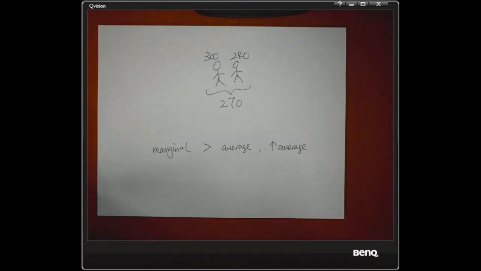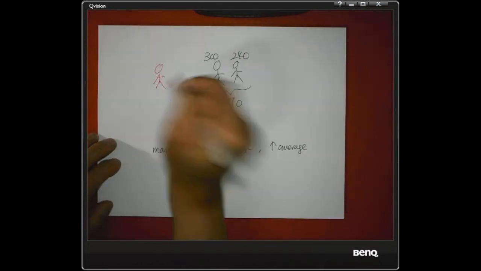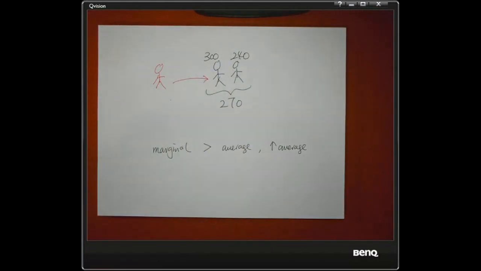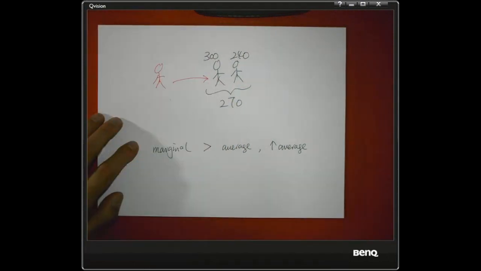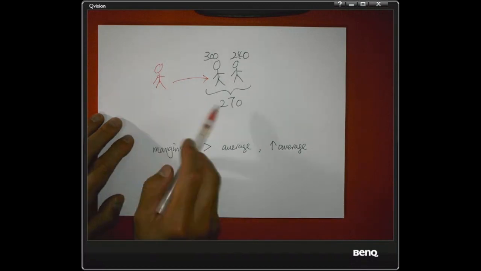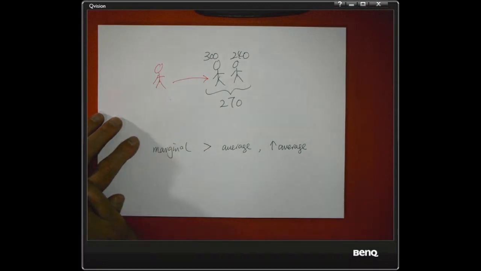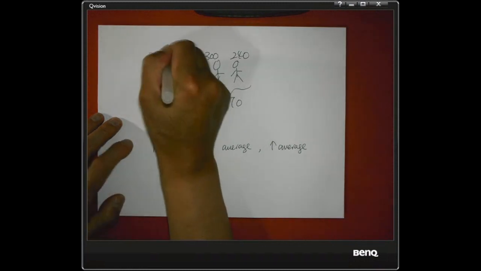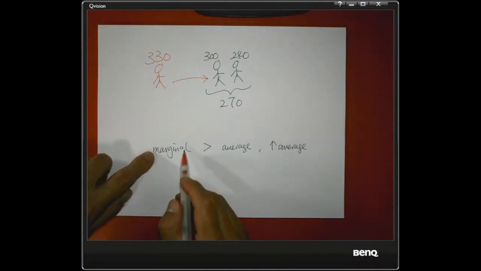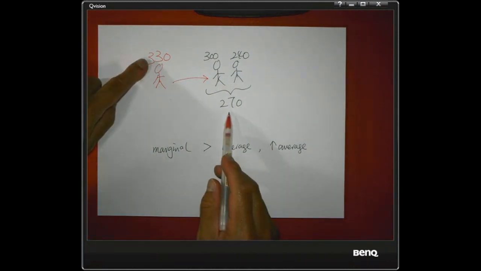Now, if there is a marginal member joining this tag team, and this guy weighs 330 pounds, so now marginal is greater than average.